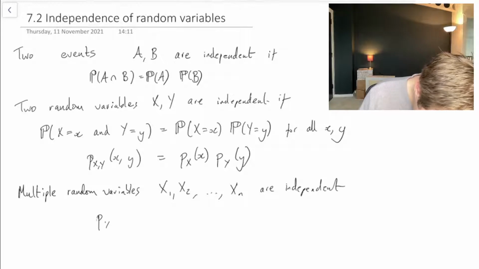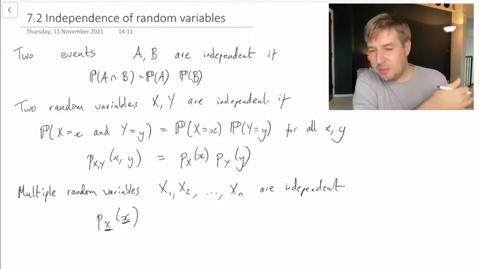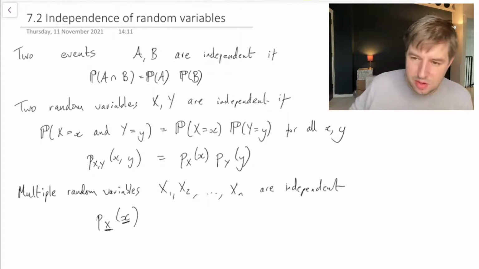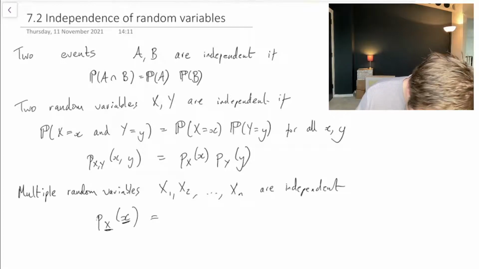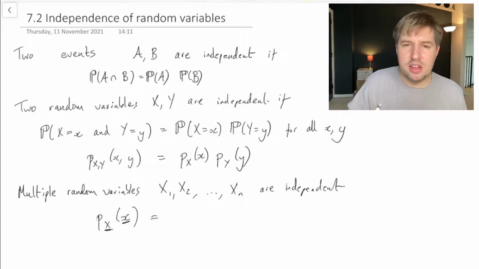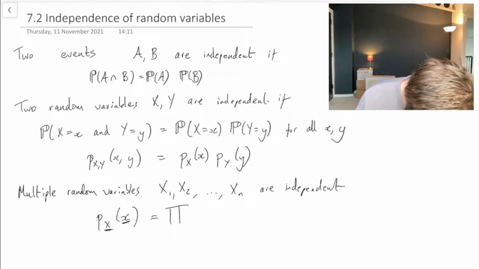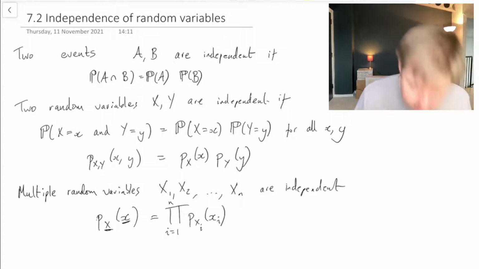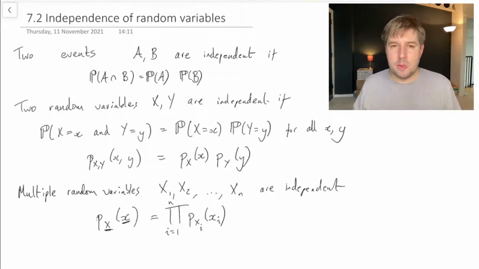So here this would be that p_X(x), where I'm using x to be the vector of all the x1 through to xn, is equal to the product. And the same way that we write a big sigma for a sum, we can write a big pi for a product. This just means multiply them all together, and there we've got the probability mass function of the ith random variable. So if multiple random variables are independent, you get the joint distribution just by multiplying up all the marginal distributions.